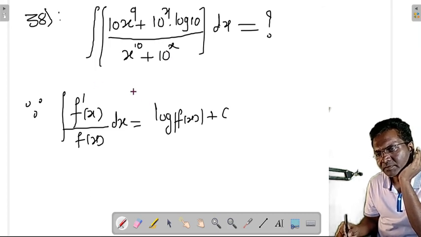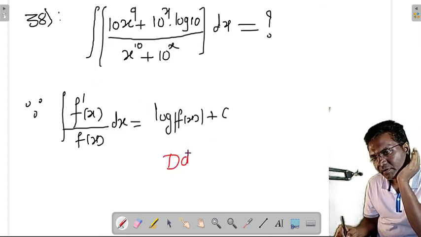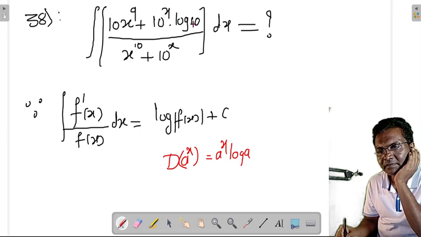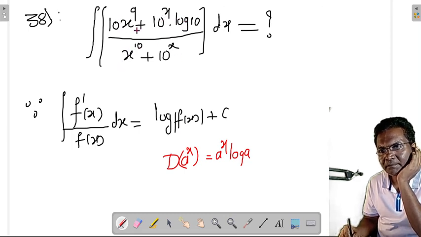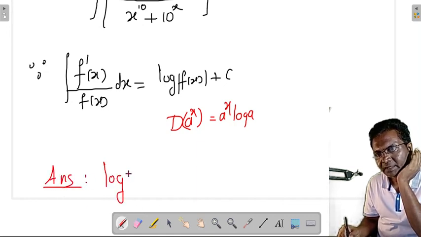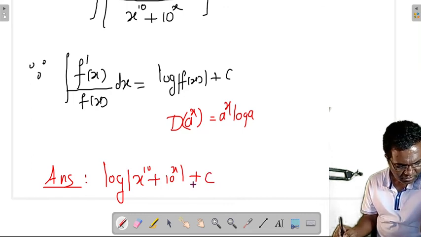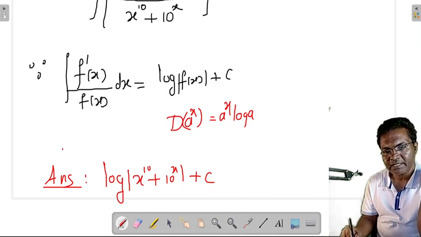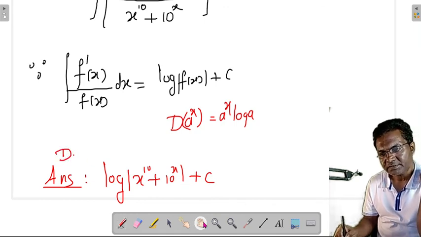The derivative of a power x is a power x log a. So the derivative of 10 power x is 10 power x log a. So its derivative is completely here. So the required answer is log of the denominator, log of x power 10 plus 10 power x plus c. This is your option D. In the textbook, if you search, this is option D.